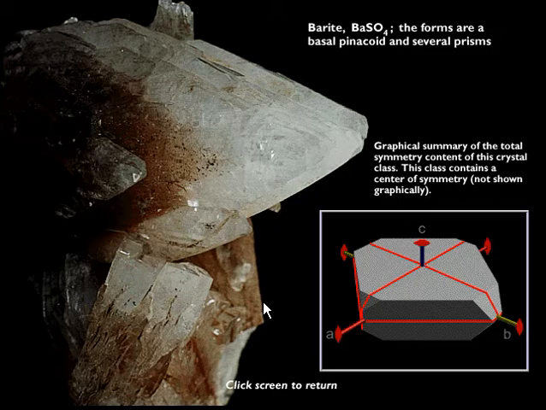The graphical summary of the total symmetry content of this crystal class: this class contains a center of symmetry that is inside here. Then we have here a two-fold axis, another two-fold axis, and another two-fold axis. Here we have a mirror plane, another mirror plane, and another mirror plane. And we have the center of symmetry. That means it is 2/m 2/m 2/m.